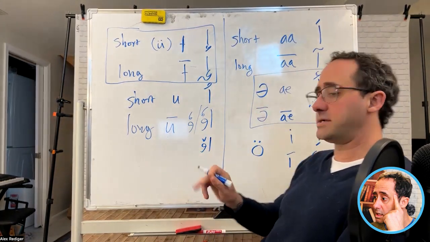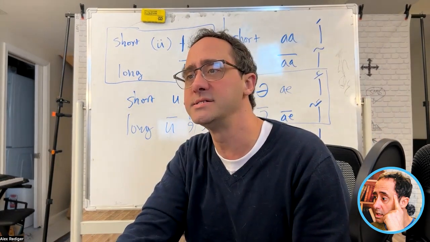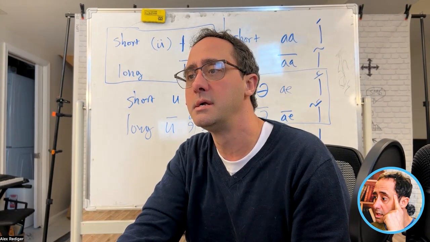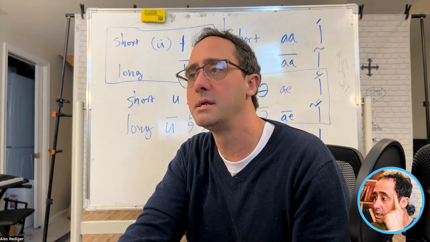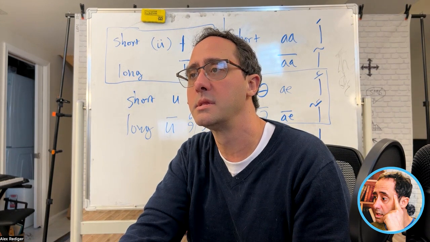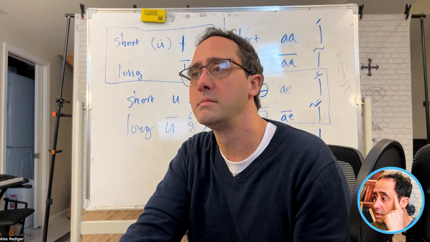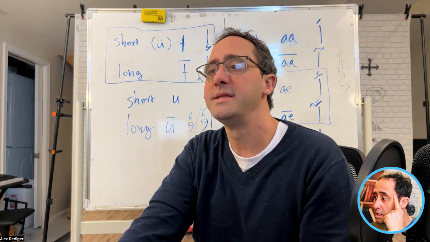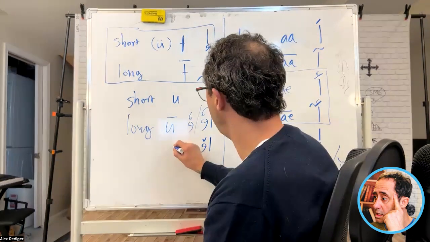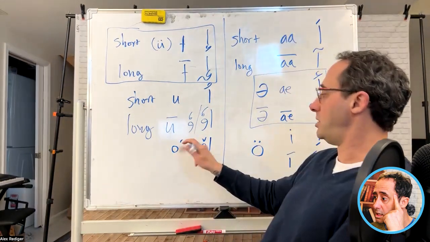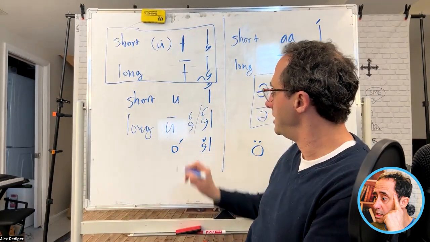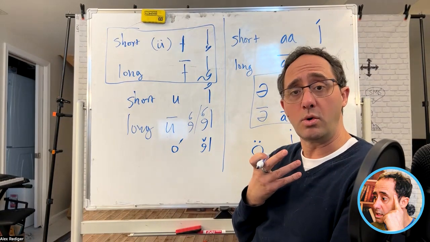Okay, now we have this with this thing over it. And that is the short O. I'm going to put it as O with this mark after it, which means there's a glottal stop.